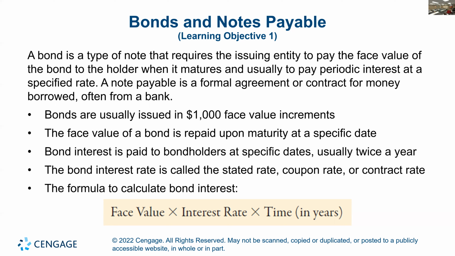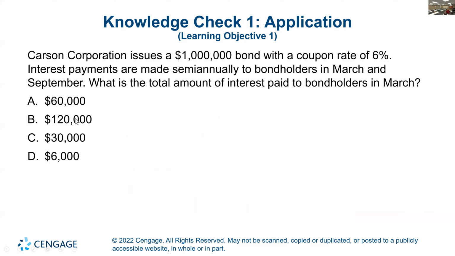Usually bonds are payable every 6 months. So you're going to multiply it by 1/2 or 6/12. Sometimes the problems are going to give you annual payments, so it'll just be times 1 for 1 year.